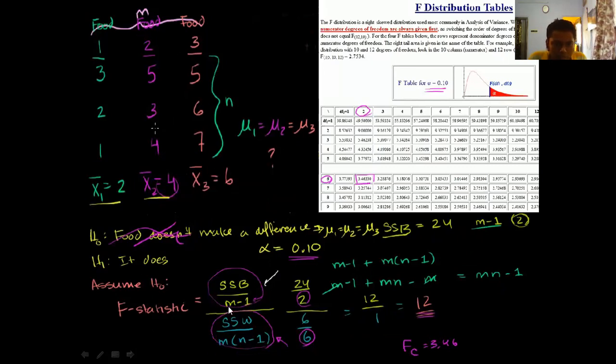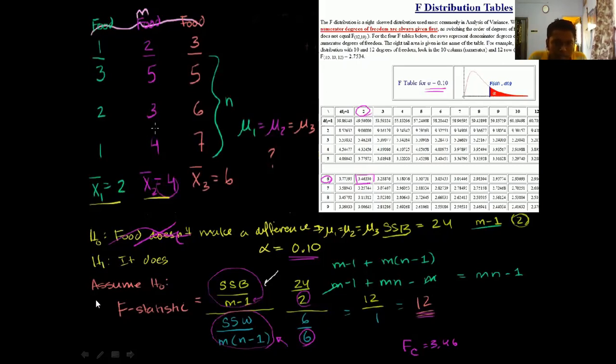This is the degrees of freedom for sum of square between, and this is the degrees of freedom for within. So 24 by 2 divided by 6 by 6 is equal to 12 by 1, which is equal to 12. So the F statistic you are getting is 12.